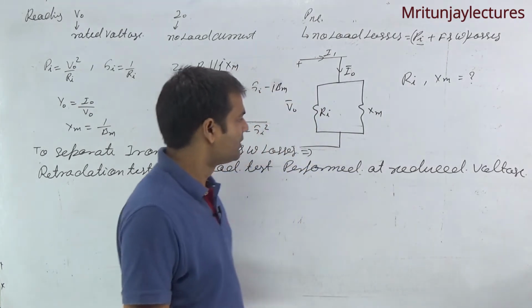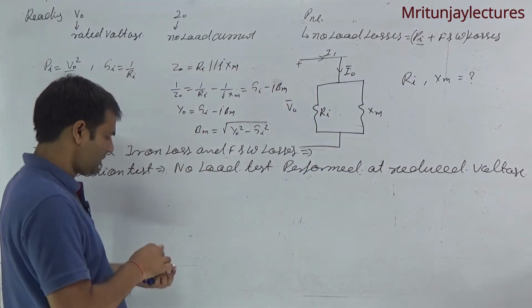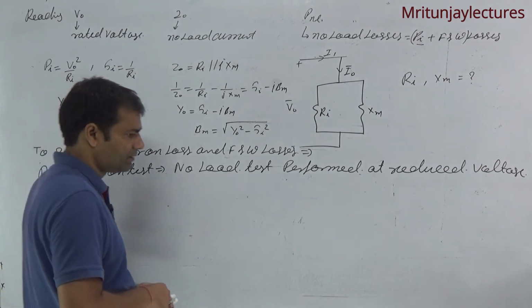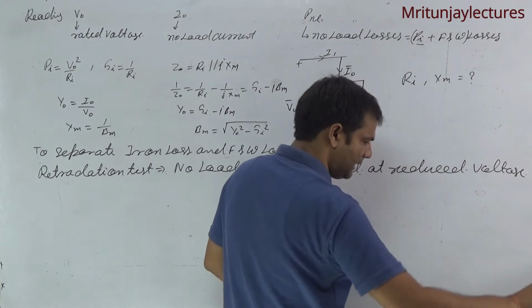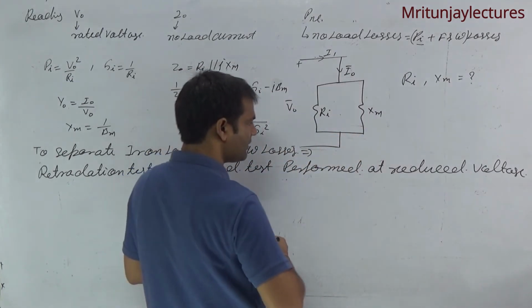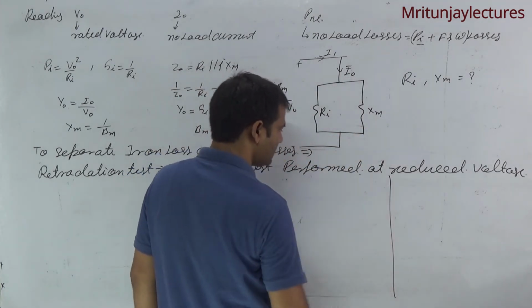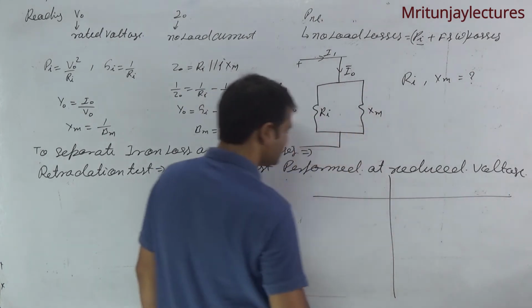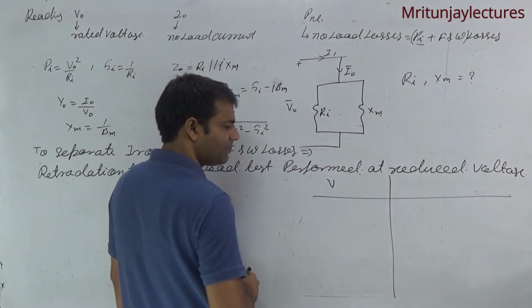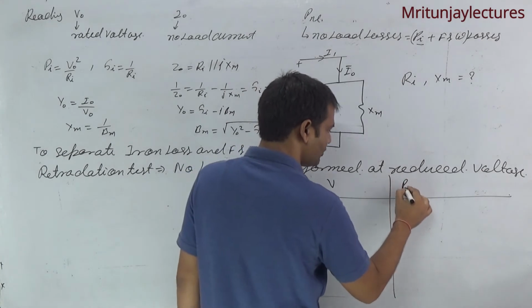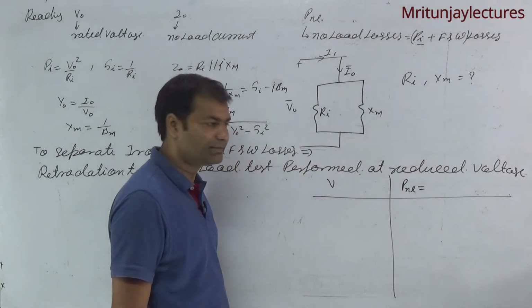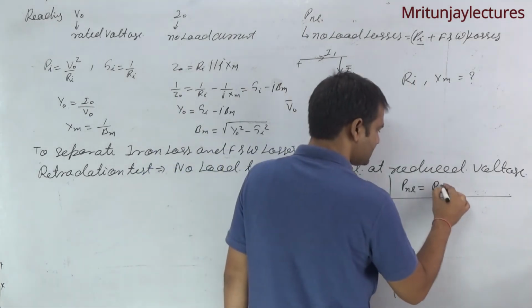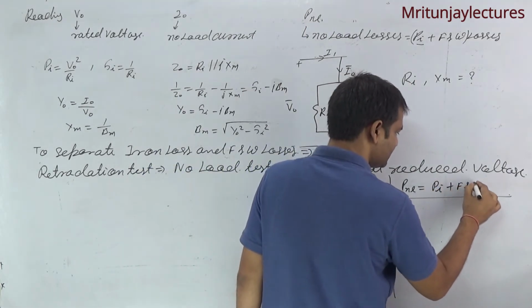Okay, now let us consider, I know that suppose this is the applied voltage, and this one is no load. The no load loss we got with the help of the two wattmeter method, that is iron loss plus friction and windage loss.